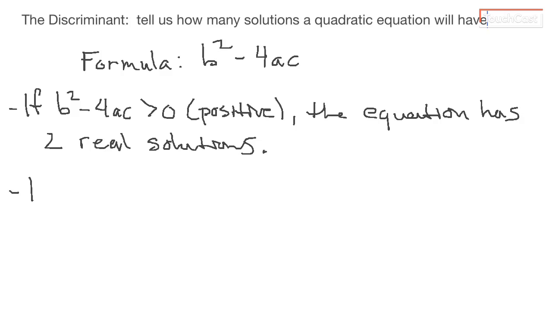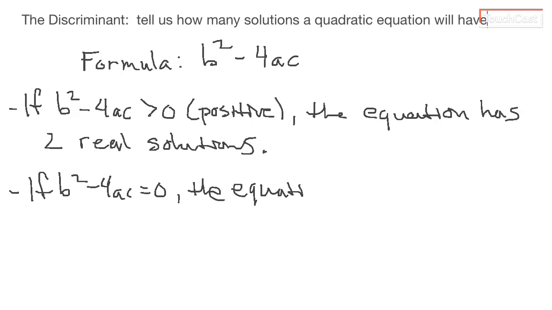Case 2, if this b squared minus 4ac is equal to 0, then the equation has only one real solution.